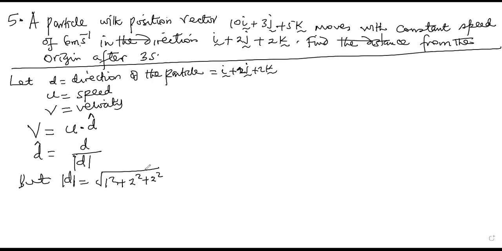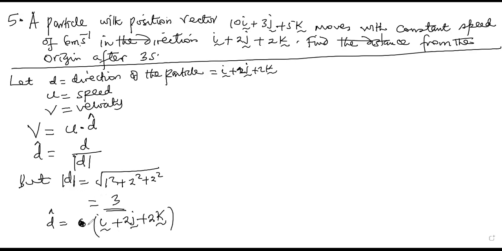This is the square root of 9, which gives us 3, implying that our d cap is the real direction, i plus 2j plus 2k, out of the directional magnitude, which is a third.